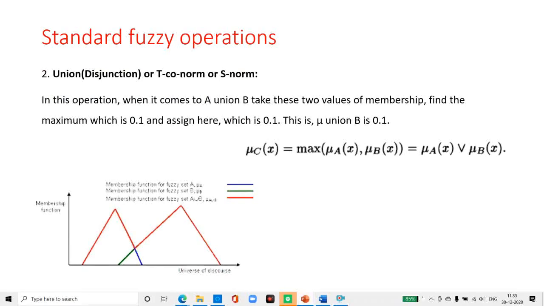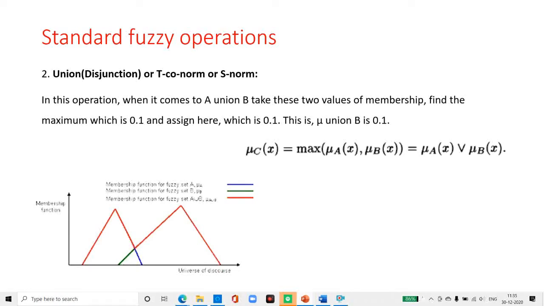If you are getting the union of set A and set B, in that case the membership value is the maximum for both A and B. If I have common members, I have set A and set B, and A union B is my union set.